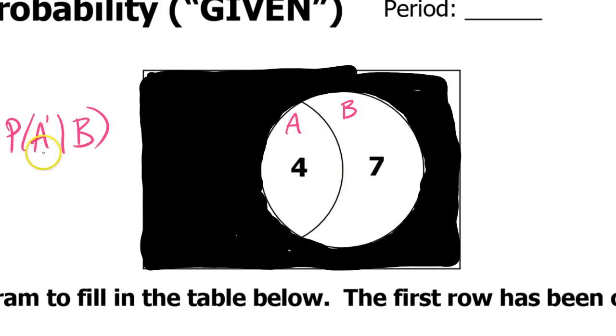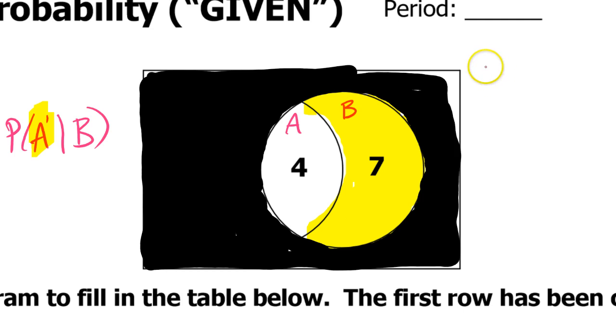Just looking at the remaining part of the universe, if I want to calculate the probability of not A, I'm doing target over total. So let's do what we always do. Let's shade in the part of this picture that is not A. Well, if this is A over here, then not A is going to be this part of the universe. Okay, so that's my target.